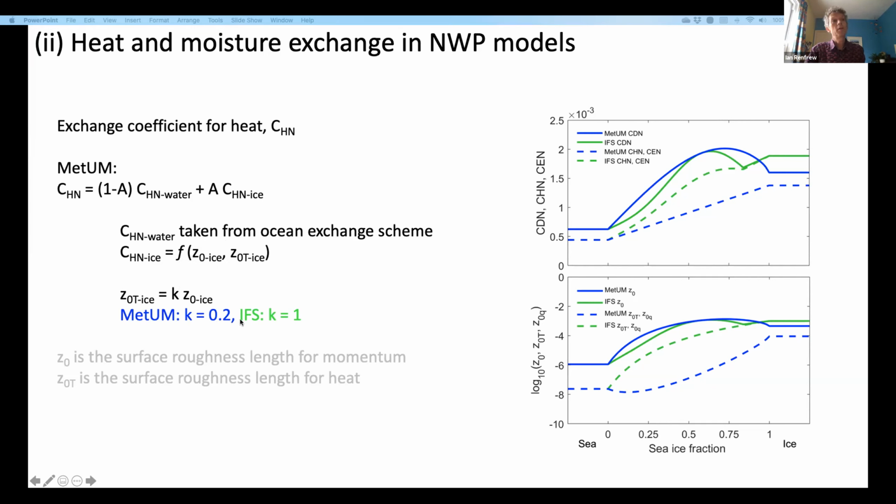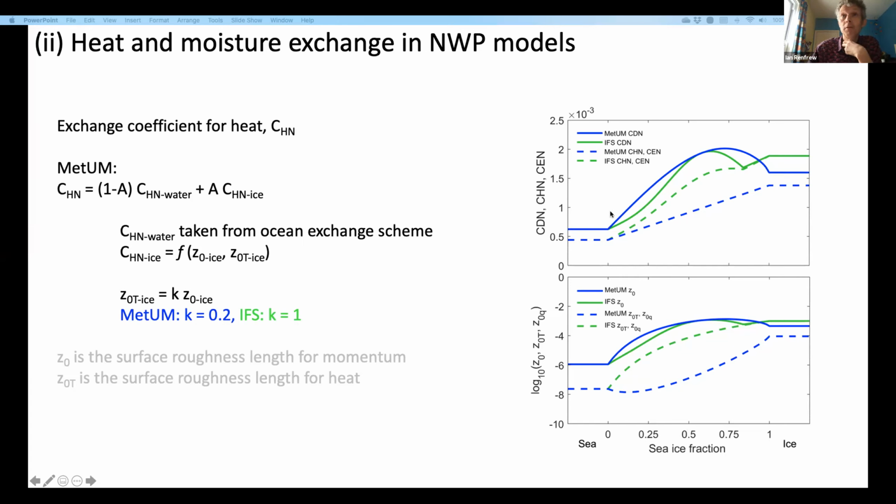In these two models, the Met Office model and the ECMWF Integrated Forecast System model, this is set really simply. They say, we don't really know what Z0T is over ice, so let's just set it to a constant times Z0 ice. In the Met Office they have a coefficient of 0.2 to weight it, and in ECMWF they just have a coefficient of 1.